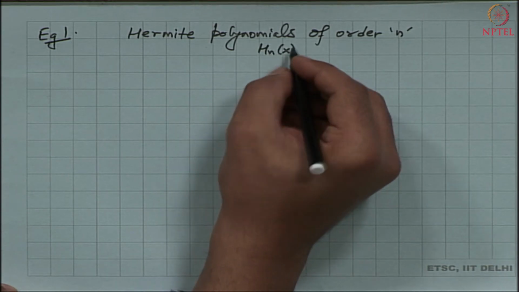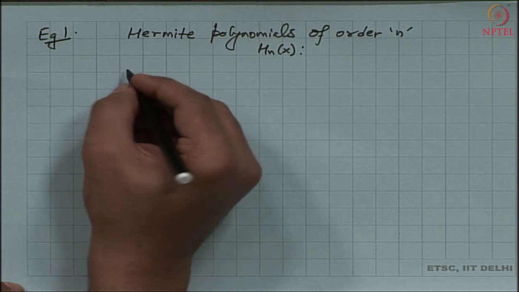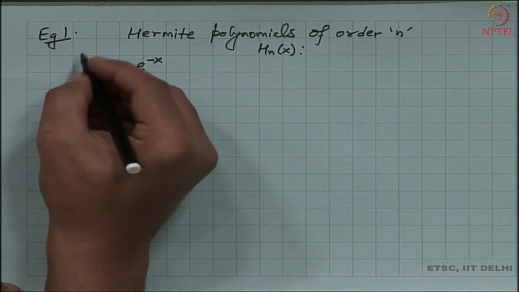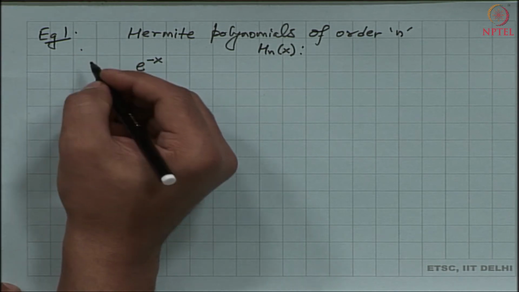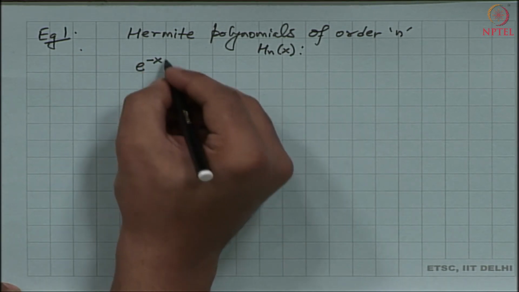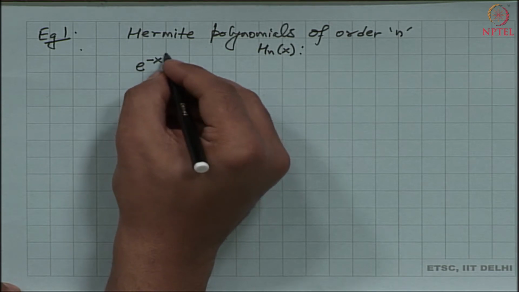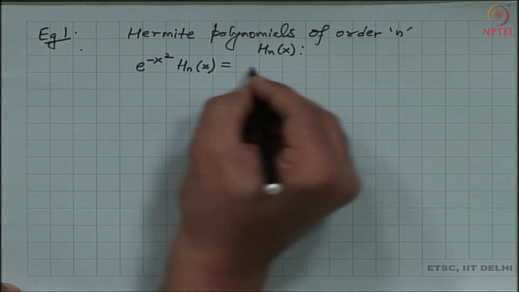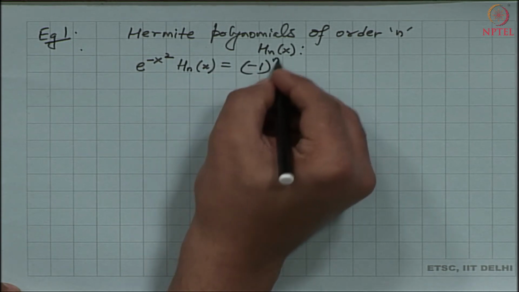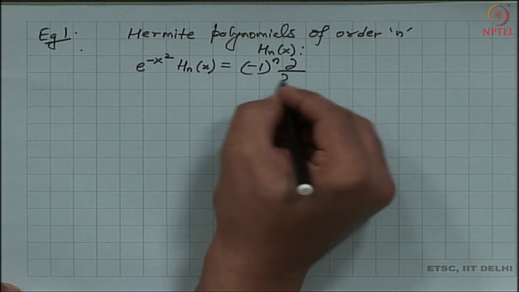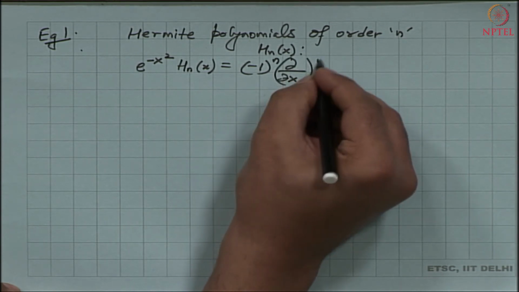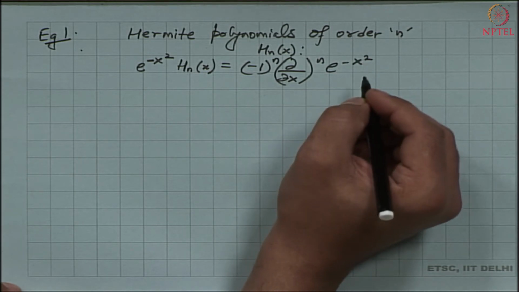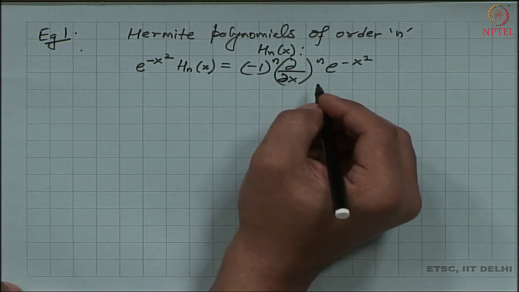So, I define my Hermite polynomials as follows. My Hermite polynomial Hn of x is defined by this relation: e to the power negative x square times Hn of x is equal to minus 1 to the power n times the nth derivative with respect to x of e to the power negative x square.